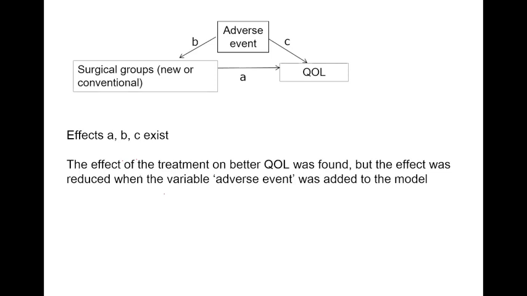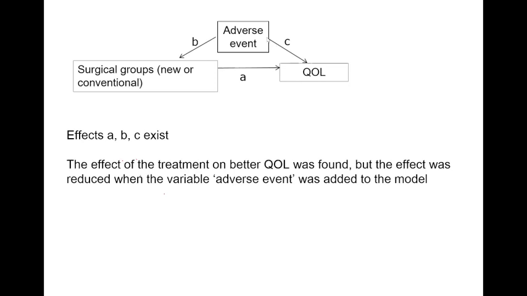Let's go back to this example again. Here, there is a relationship between surgery and the quality of life. We observe a better quality of life among those who receive the new surgery. There is a relationship between surgery group and adverse events. For example, the new surgery reduces the occurrence of adverse events, for example, epilepsy seizure.